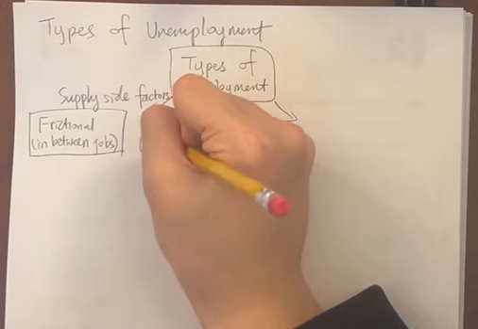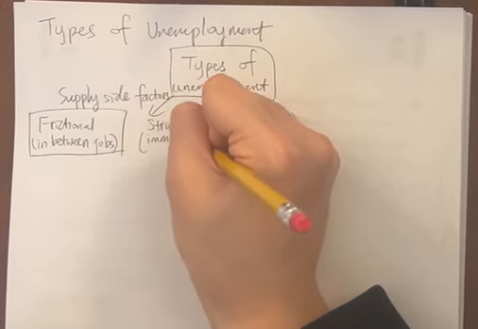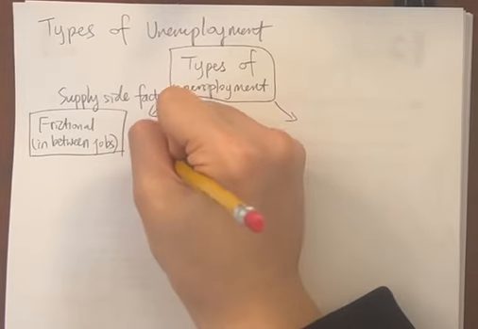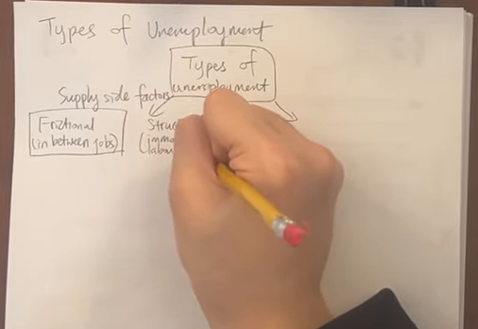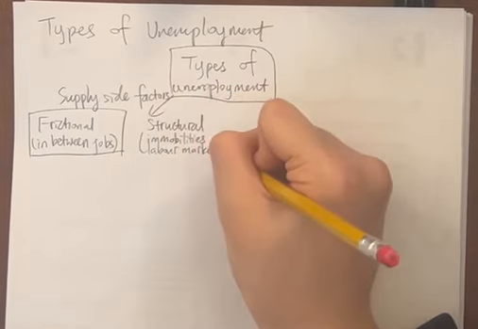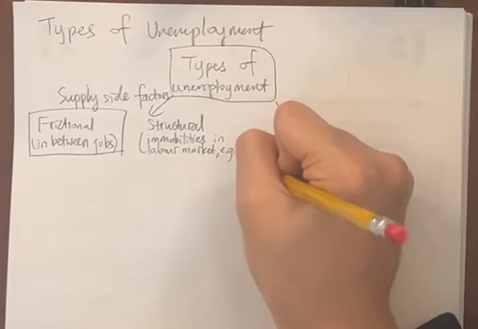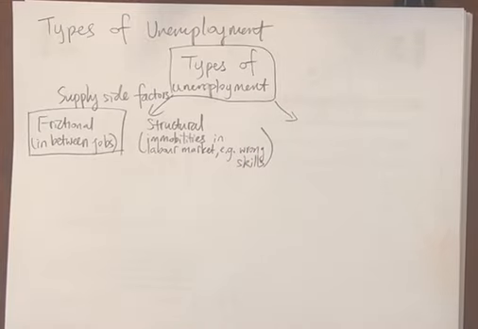This one is actually immobilities in the labor market. For example, the wrong skills. So what does structural unemployment mean? It states that the job seekers and the job openings don't match.